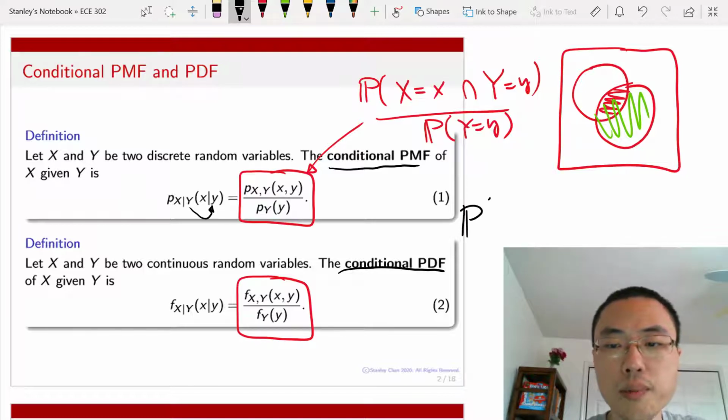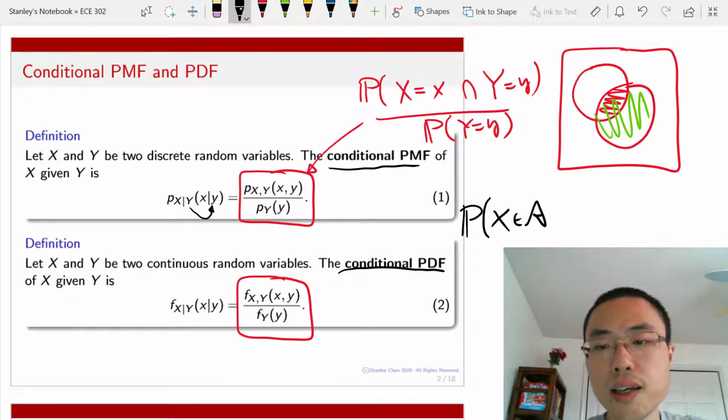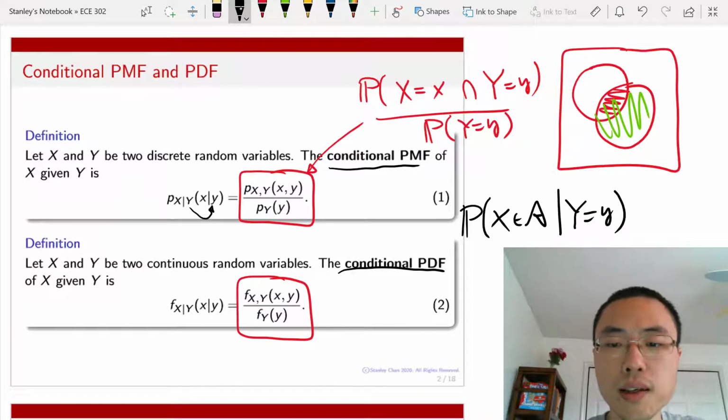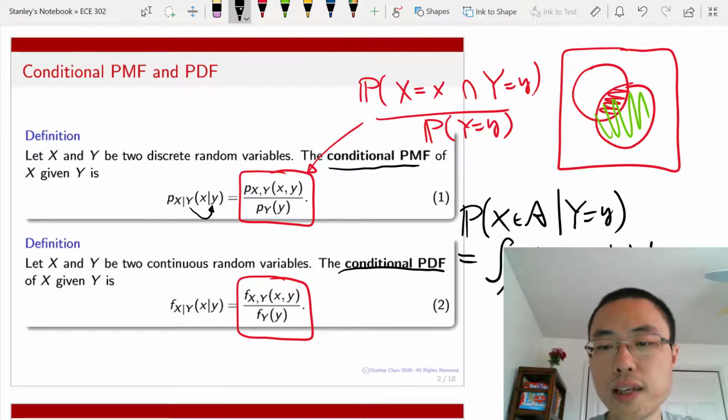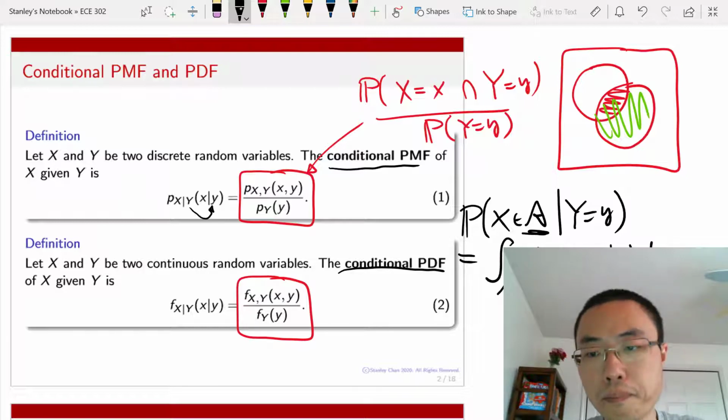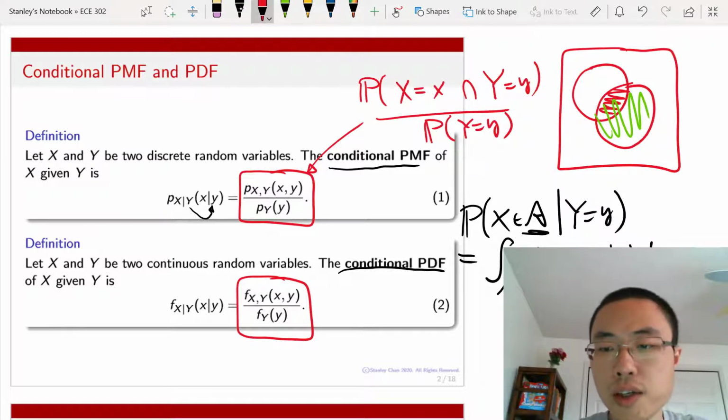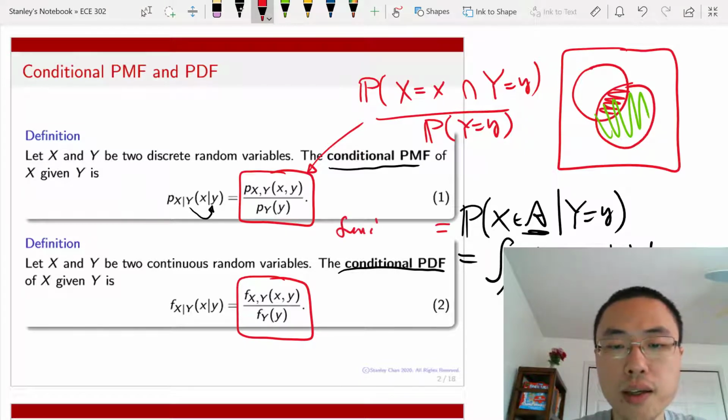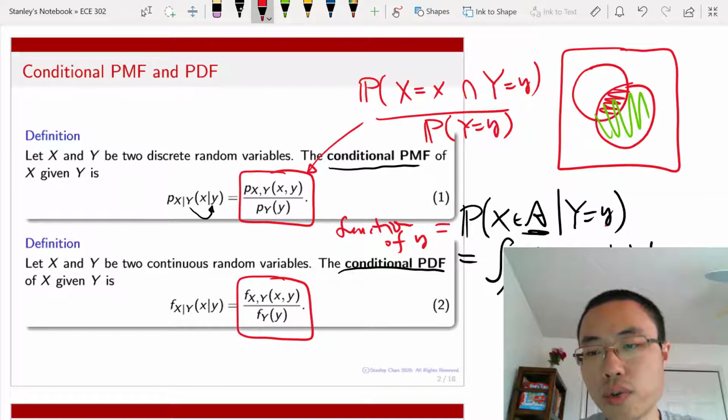For example, the probability that x is in a set A, given that y equals y, you can just integrate your PDF of x given y, dx, over all the possible values of x inside this set A. Note that in this case, this probability will be a function of y, and that is expected because you are restricting y to a specific value.